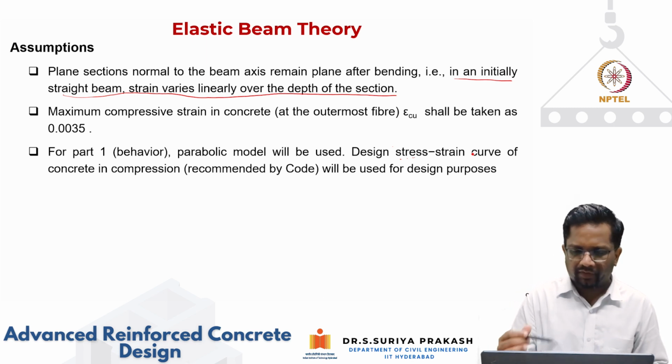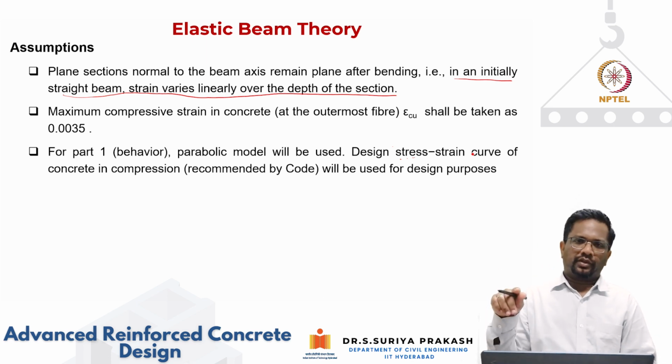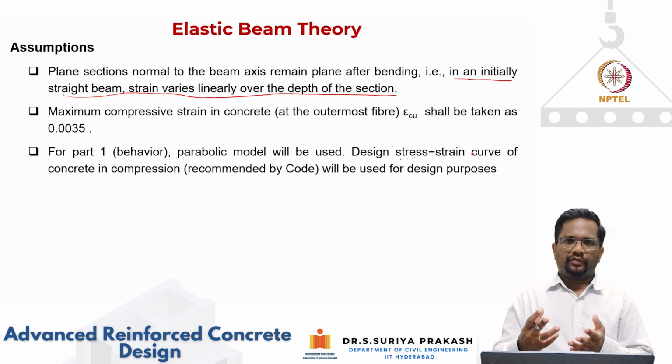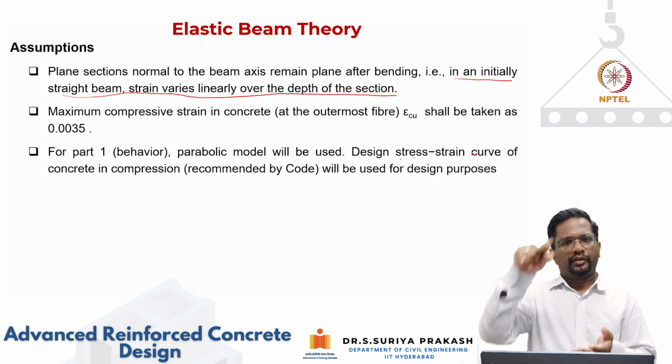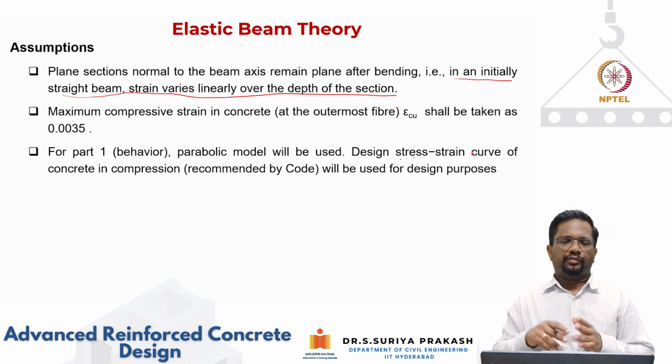So for part one, we are going to use the constitutive equation that we observe when you test a concrete cylinder, for example, in compression. You will get this parabolic model for strength less than 40 megapascal. It's a reasonably good assumption. That's how the shape will be.